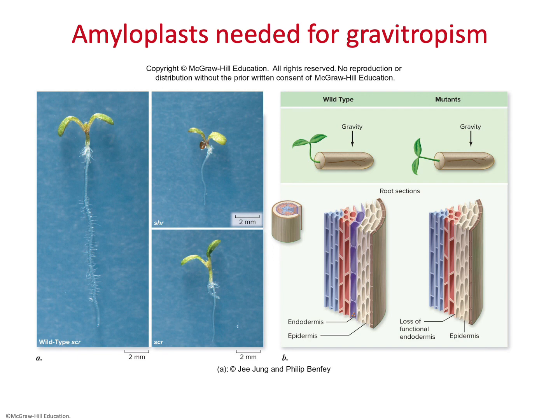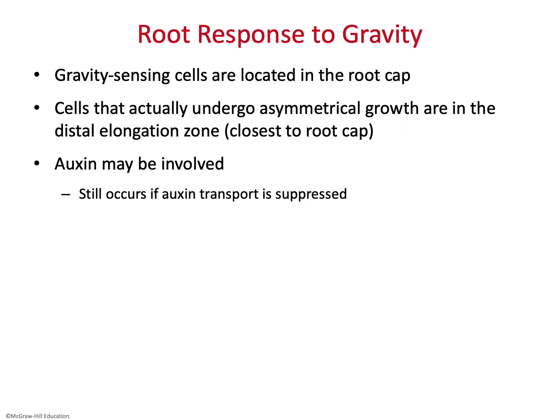In short, in both shoots and roots there are plastids called amyloplasts. These plastids contain starch, and they sink towards the center of the gravitational field and may be involved in sensing gravity for both shoots and roots.